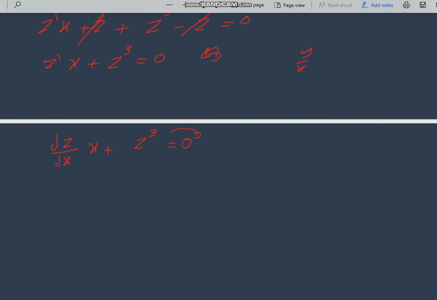We can put z cubed on one side, so dz divided by dx times x is equal to negative z cubed. Therefore, dz divided by negative z cubed equals dx divided by x, and you integrate it.